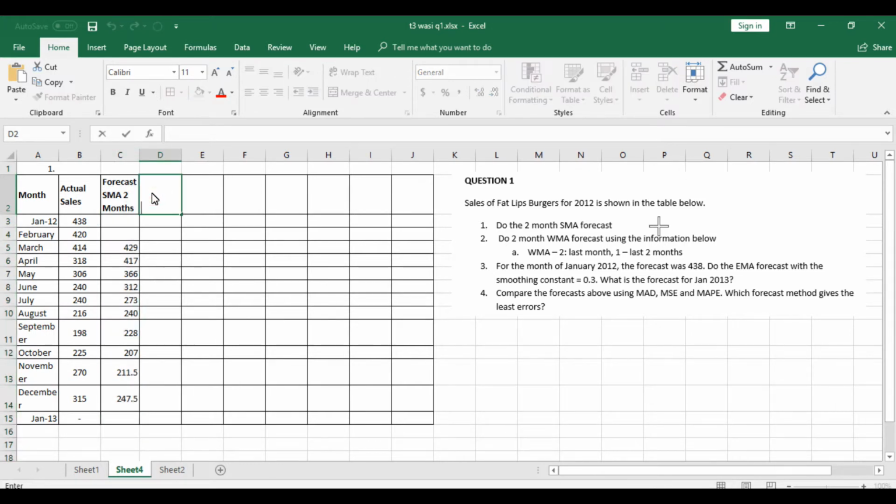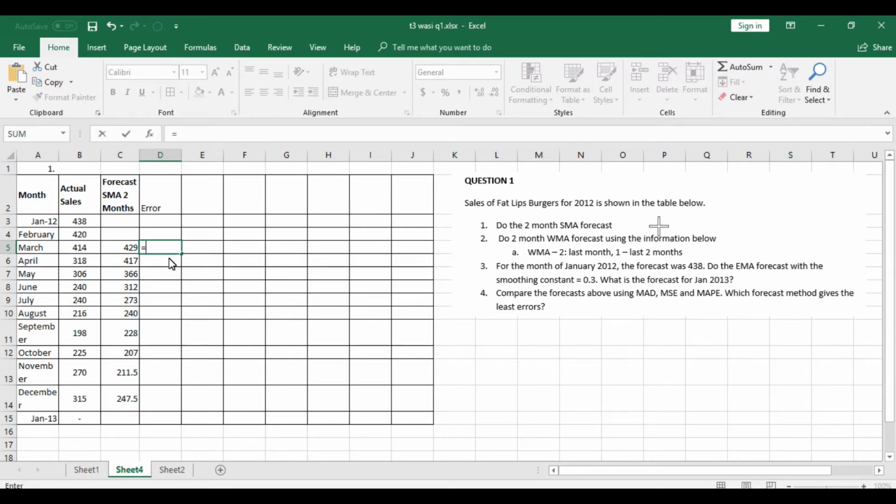So now I am going to find the error. The formula for error is actual minus forecasted. So we'll start from here, equal to. If I directly subtract the greater number from the smaller number, it will give me a negative number.